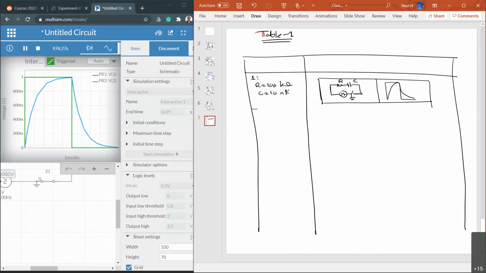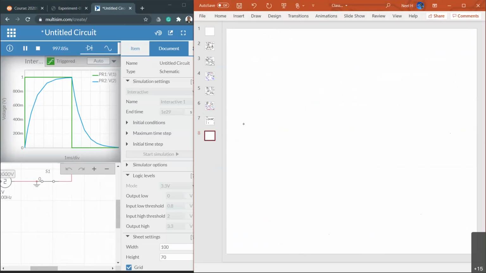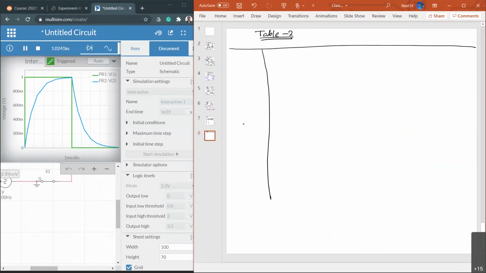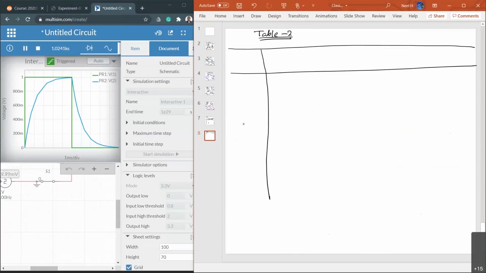After that, let's go into table number 2. In table number 2, we analyze the circuit time constant. Given values, circuit number 1: resistor 100 kilo and capacitor 10 nano.